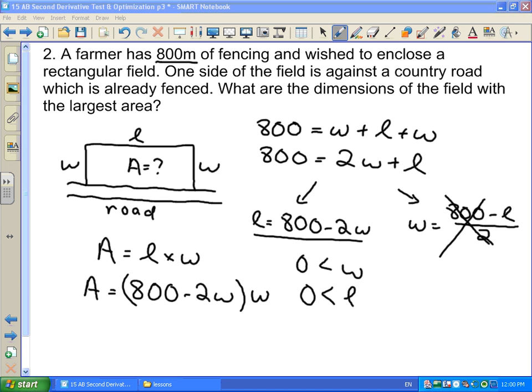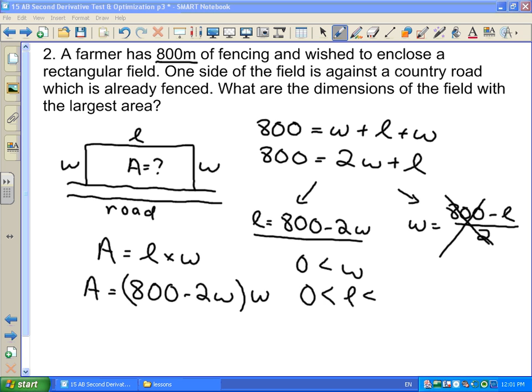Is there a maximum value that your length and your width can have? Well, if I make my length 800, that leaves none of the fencing left for the width. So that would sort of be the absolute largest I could possibly make my length.